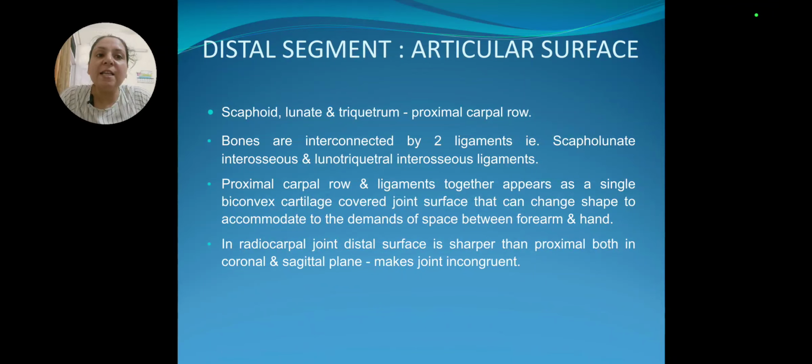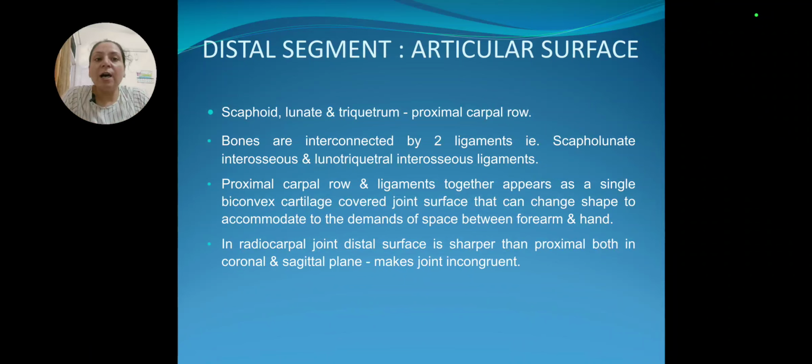So it is basically these bones, scaphoid, lunate and triquetrum, and they are attached with their interosseous ligaments, that is the scapholunate interosseous ligament and the lunotriquetral interosseous ligament. They play a very crucial role in movement of the proximal carpal row, and we will be learning their importance, how it helps to collapse or prevent the collapse of the proximal row.